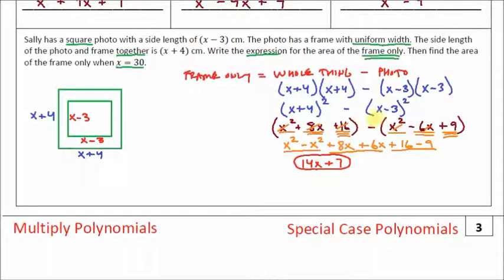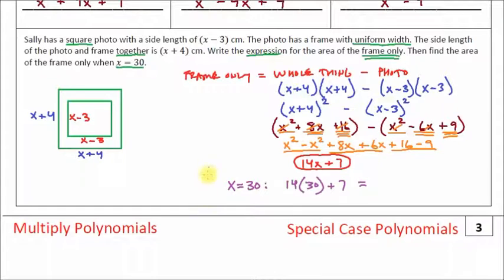That's simplified pretty nice. The second part of the question is find the area of the frame only when x equals 30. So the way we write this out is, remember I showed you this? If x equals 30, let's put a colon right here. And let's go ahead and plug in our value. That means we plug that into the expression for the frame only. 14 times x, which is 14 times 30, plus 7.